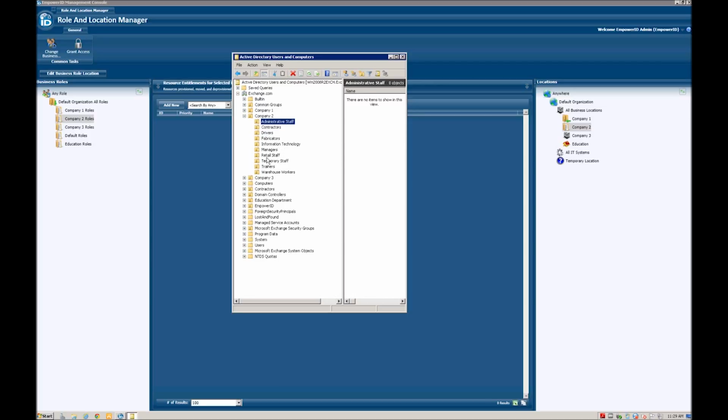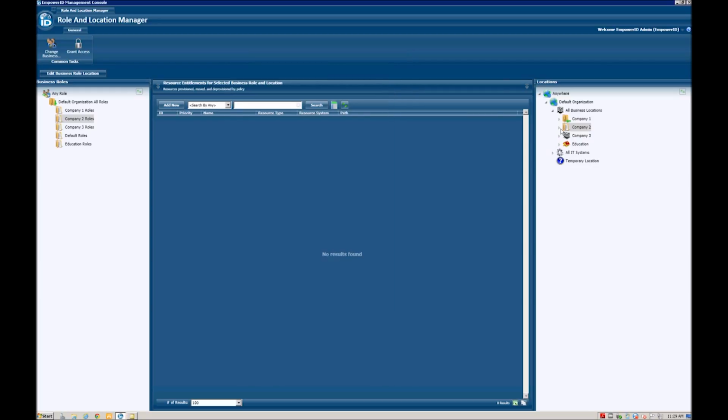So we've got information technology roles, anyone who's a manager, anyone who's a retail staff, warehouse workers, administrative staff, contractors, drivers, etc. So all of these are basically role-based. So when it comes to setting up our structure on the location side, we're not going to have any considerations as far as what Active Directory OU it needs to go to, etc.